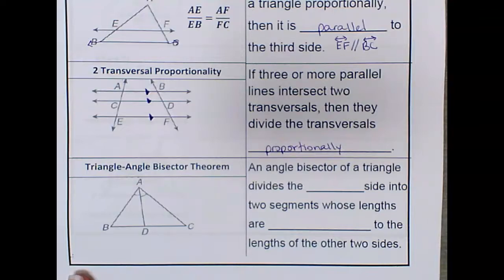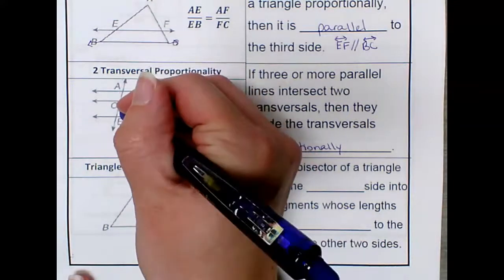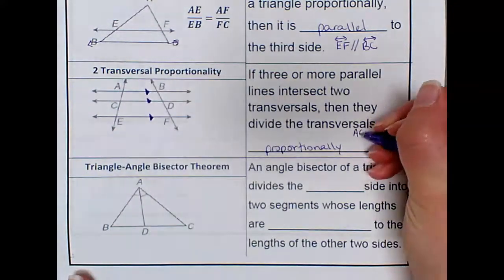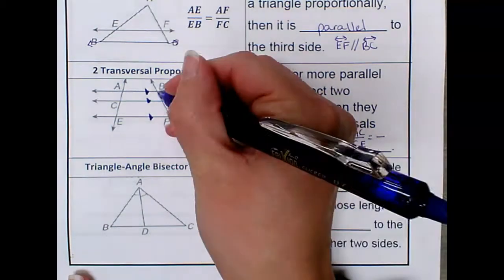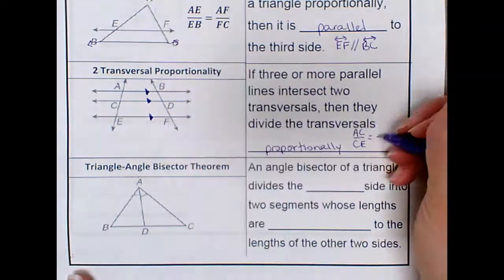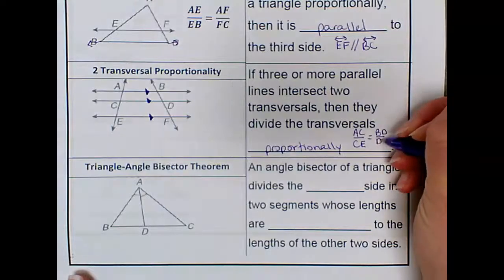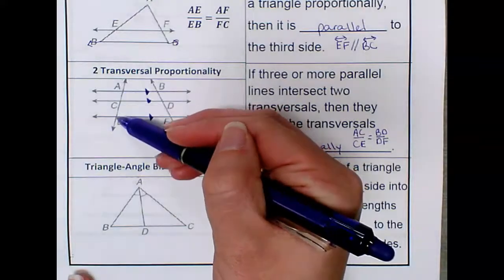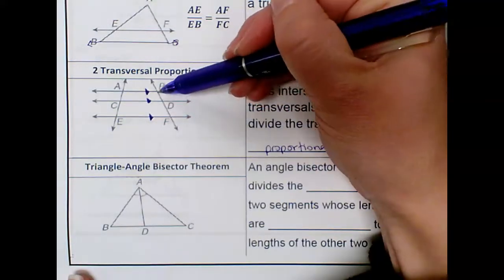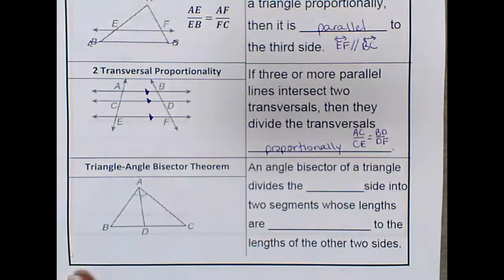Meaning I can create the proportion AC over CE is equal to BD over DF. I could just as easily create the proportion AC over AE is equal to BD over BF. So that is an equally likely proportion that you might want to create.